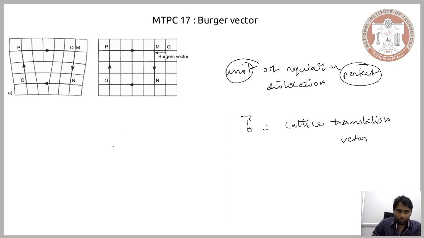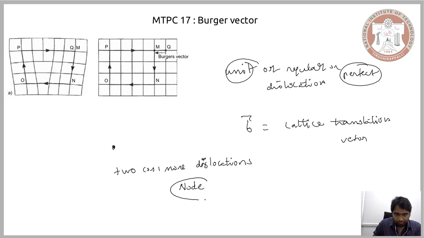Supposing you have a point wherein two or more dislocations meet, we refer to that point as a node. So a node of a dislocation is where two or more dislocations meet.